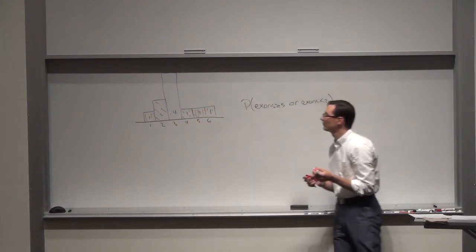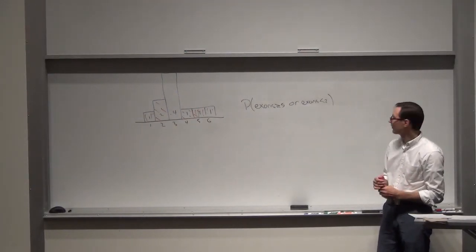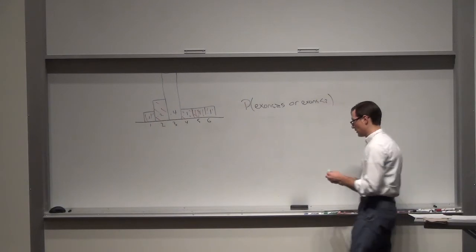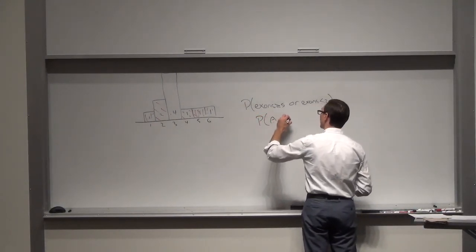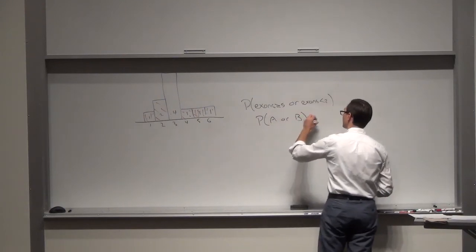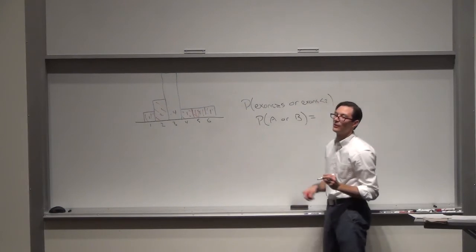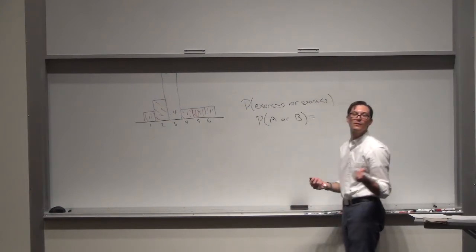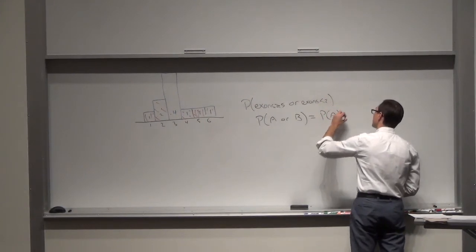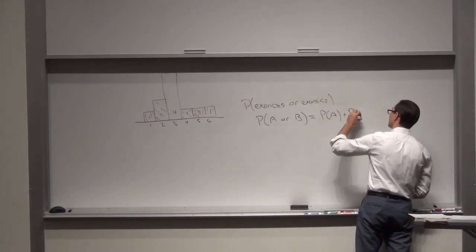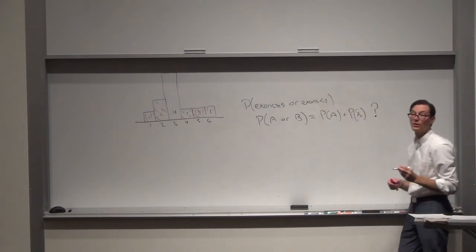Okay, so that's 0.3. So far, it's looking like probability of A or B equals, how do we simplify that? What have we done so far? Yeah, add them. Probability of A plus probability of B. Does this always work?